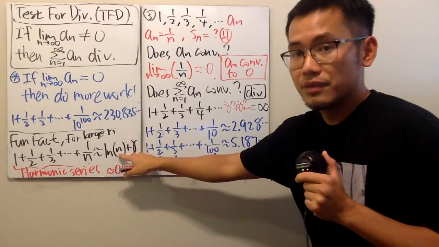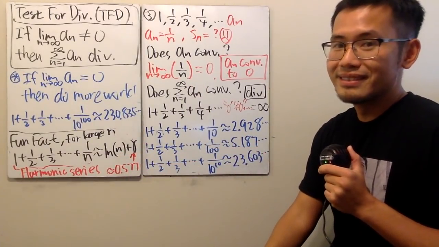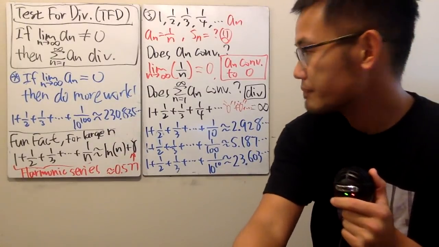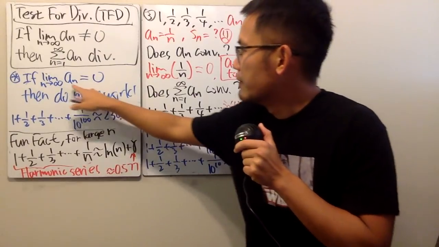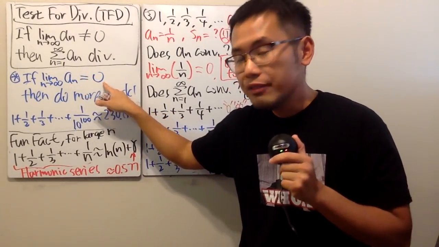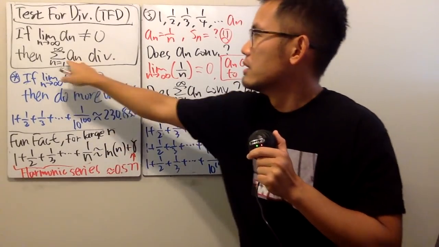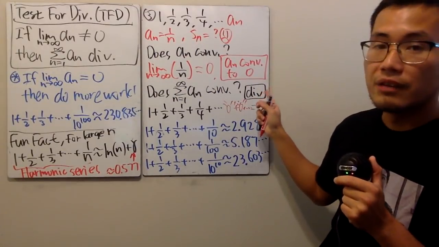Ln infinity is infinity plus 0.577, which is still infinity. Diverges, right? So anyway, be really sure that when a_n is approaching 0, we have to do more work for the series, because this could be divergent, right?